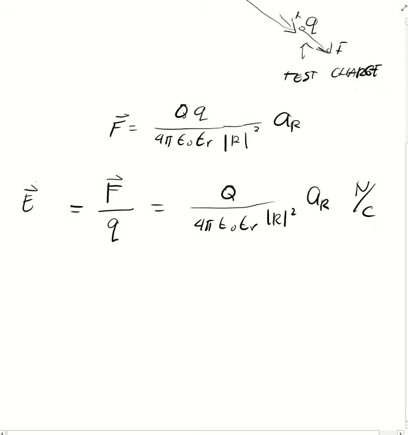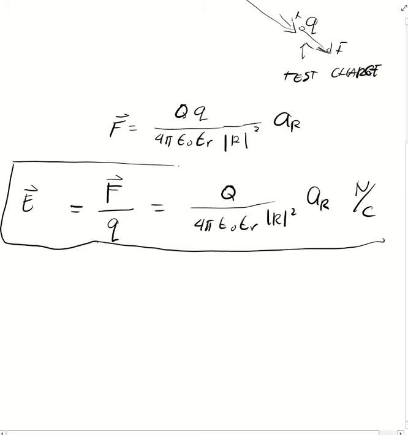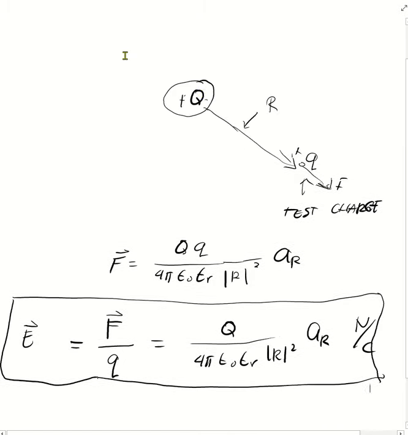So this is our electric field intensity. If you want to determine the electric field intensity at every point around a charge, you will use this formula, and that value depends on the distance from the charge and also the medium around that one.